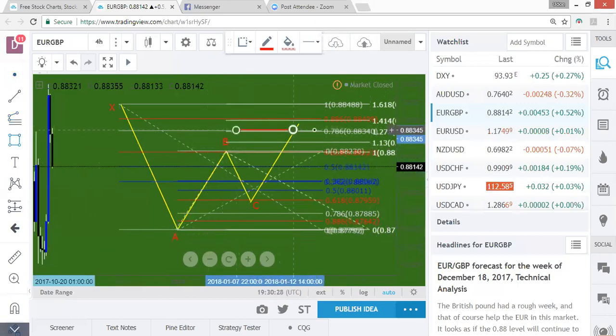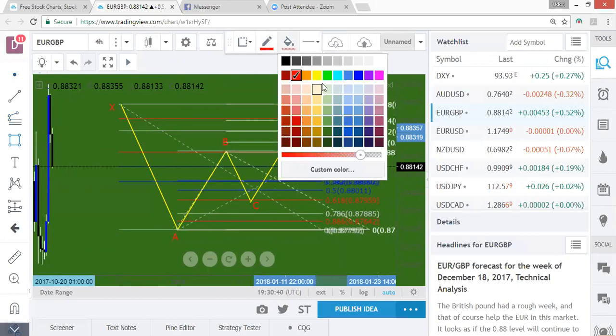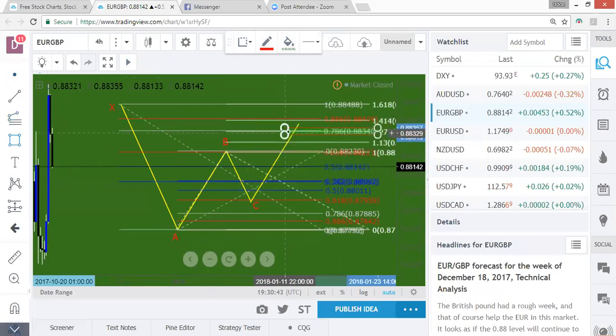So we would have had a little tight zone on this one, basically right here. We would have entered right here, and we would have been expecting price to roll over right here. We'll go over stops on our bullish version.